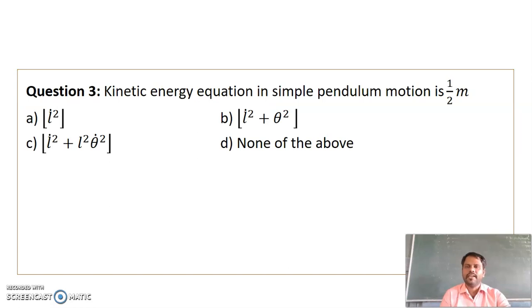Question number 3. Kinetic energy in a simple pendulum motion is half m L square theta dot square plus L dot square. Do remember, if the length is fixed, L dot will be equal to 0. So the option is none of the above.